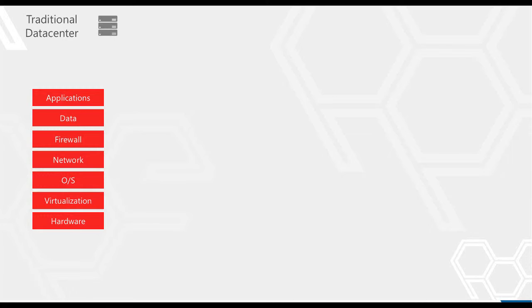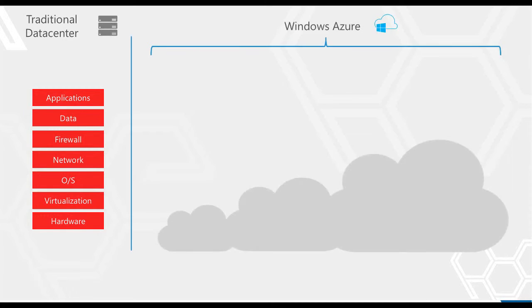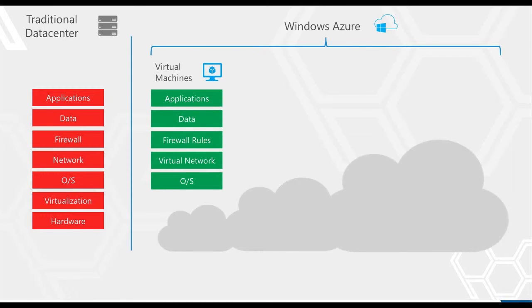Where the cloud comes in different, and where Windows Azure specifically comes in different, is offering different pieces of this as a service. For instance, virtual machines, the topic of today, offer you very deep control over your applications and your virtual machines by providing the virtualization and the hardware aspects of the stack to you as a service.